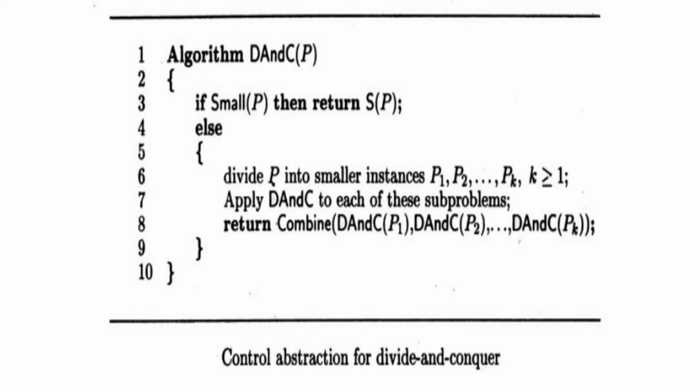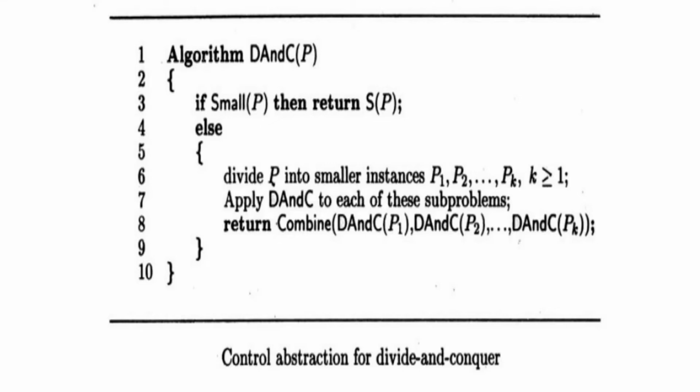Step 6 says if the problem is not small, the problem is large, then divide P into smaller instances, small P's or subproblems P1, P2, P3, etc. up to Pk. Now we have k subproblems. Step 7 explains that the DAndC algorithm is applied to each of these k subproblems until the problem is small.